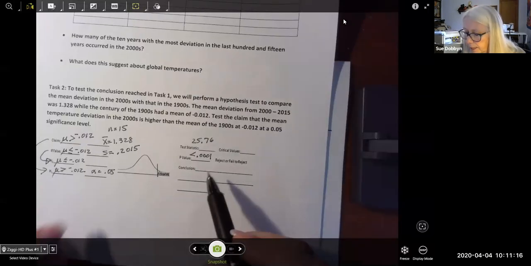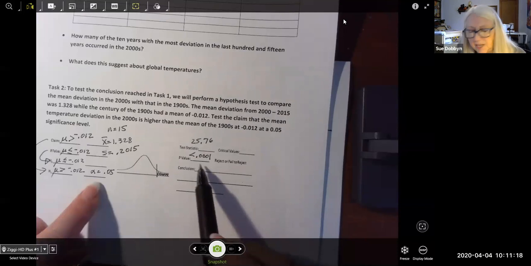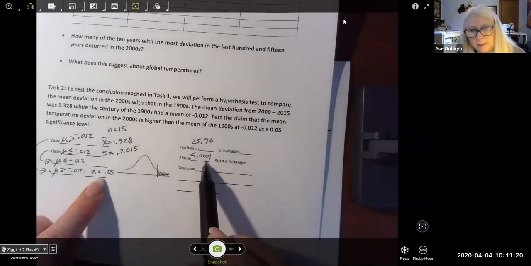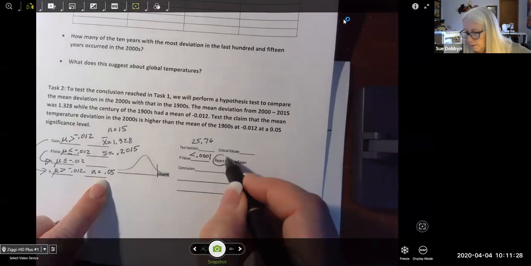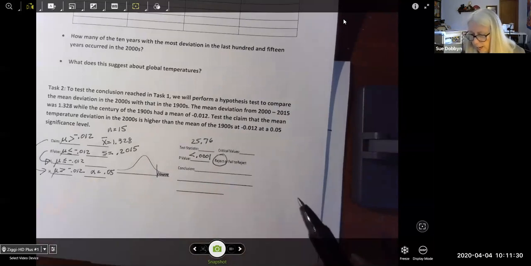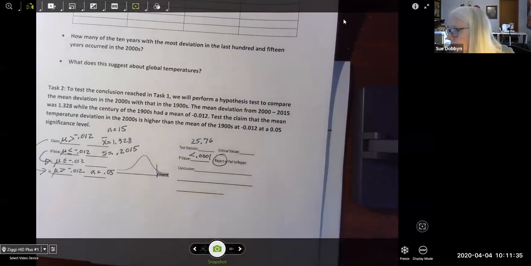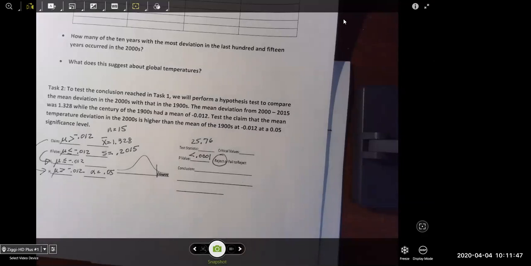So now I think without even writing it down, it is clear that this p-value is much smaller than this alpha value, which means we would reject the null hypothesis. Okay, and so in writing the decision or conclusion statement here, the claim became the alternative hypothesis.